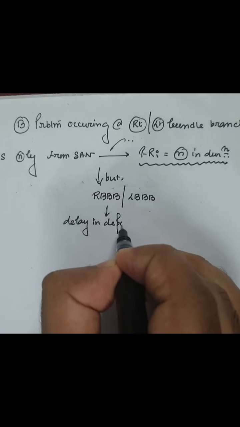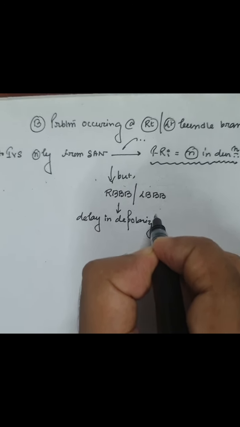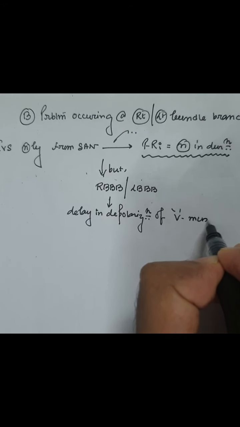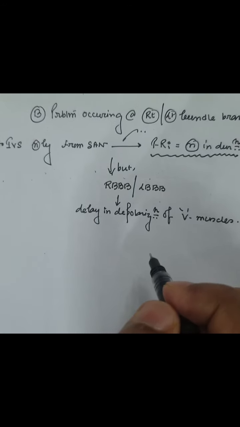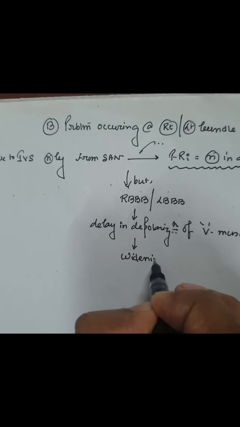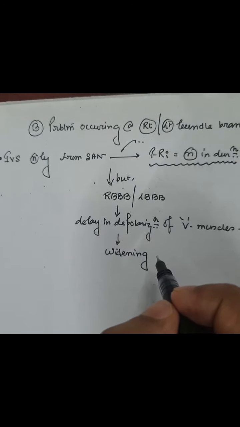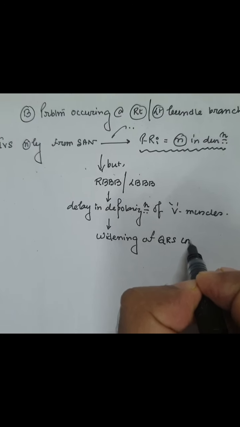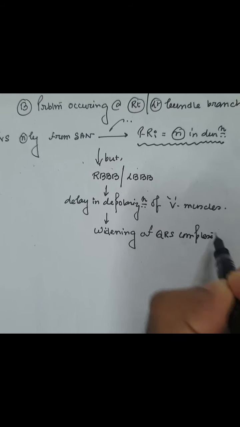in depolarization of the ventricular muscles, and therefore we all know the ECG picture, what will they present? The widening of the QRS complex.